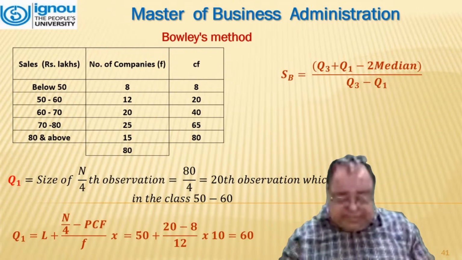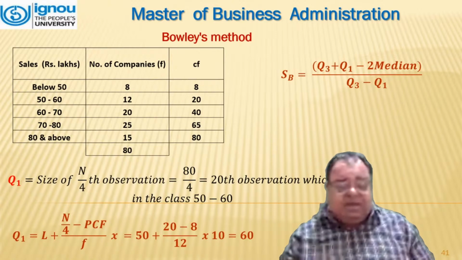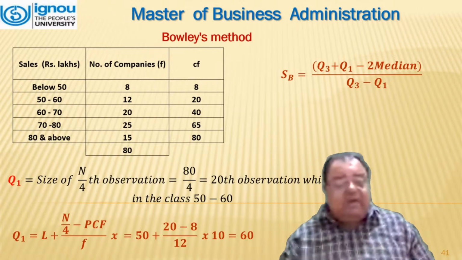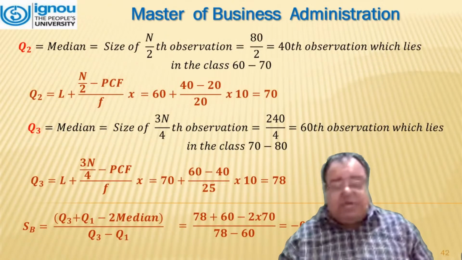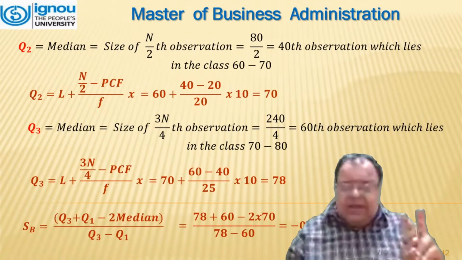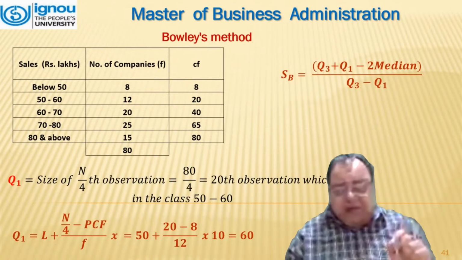So how are these values placed in the formula? That is 50 plus 20 minus 8 upon 12 into 10. After evaluation, it comes out to be 60. That means your Q1 is 60. Now, for finding the median, we have to calculate the n by 2th observation, that is the 40th observation.